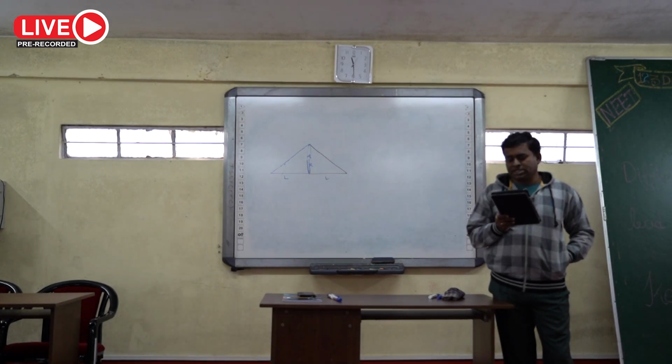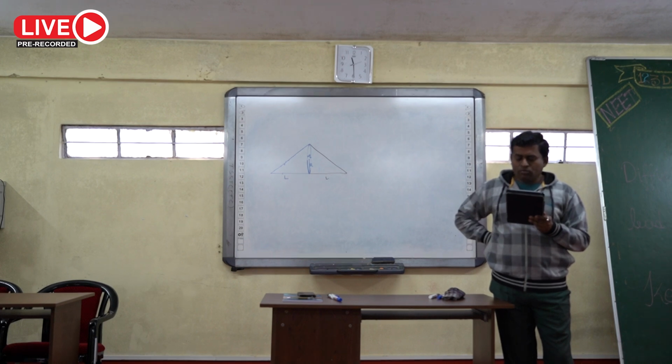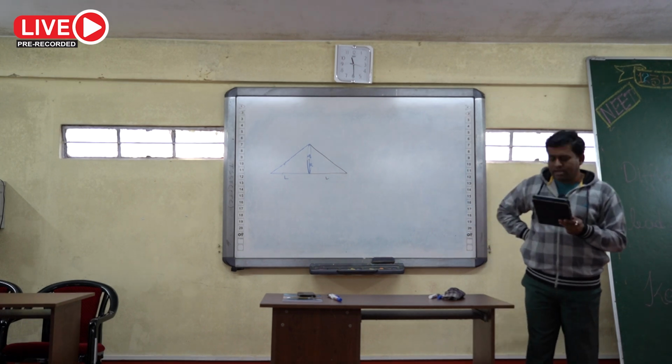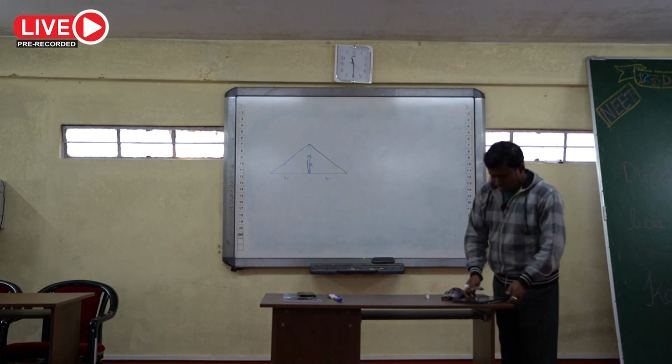The electric potential at a point midway between the two positive charges. Electric potential at a point midway between the two positive charges. This is the diagram.